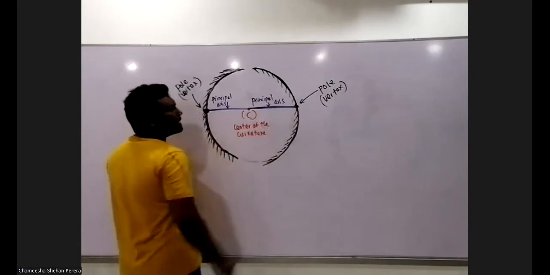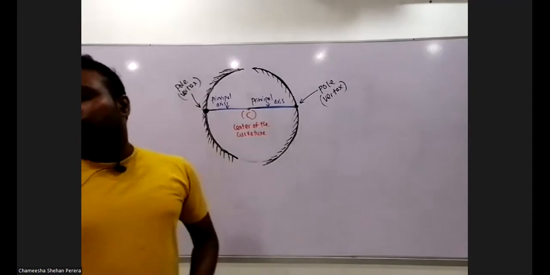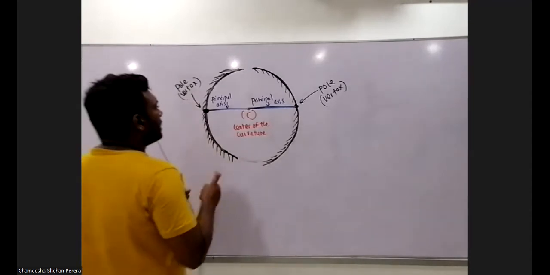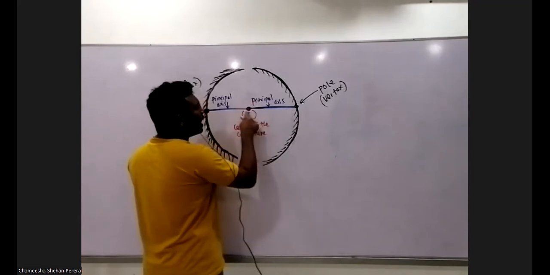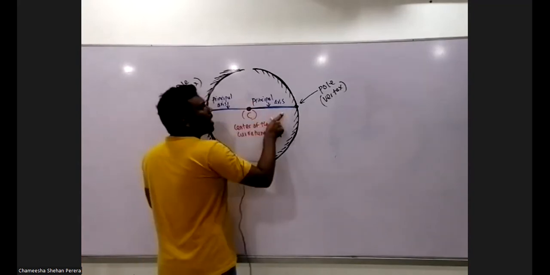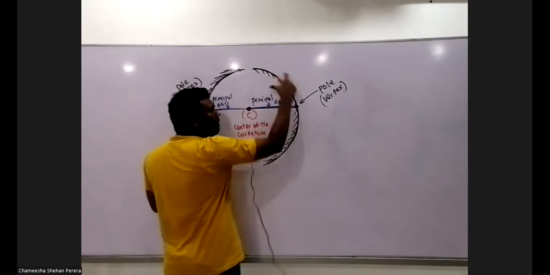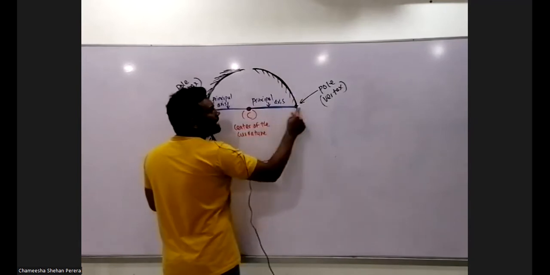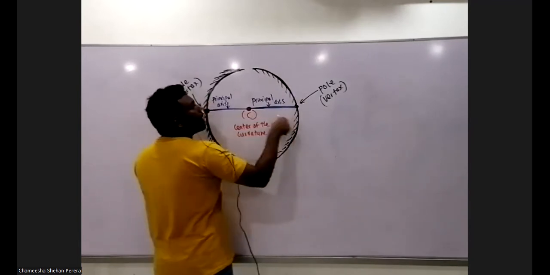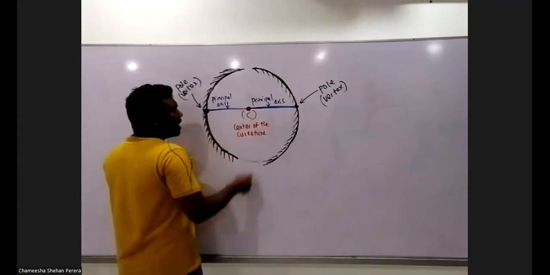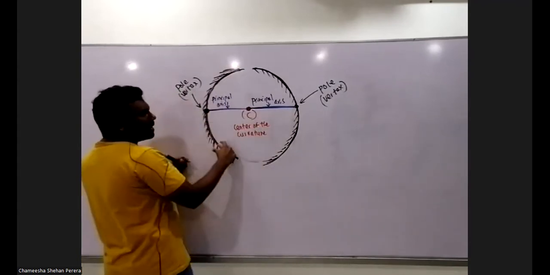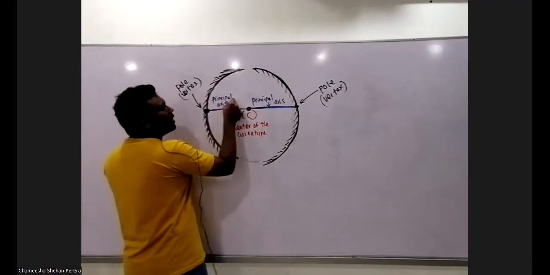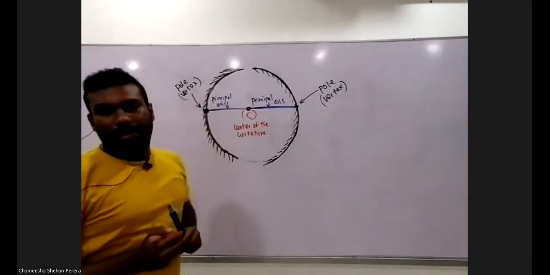So from the center of curvature, I drew a line up to the pole of the convex mirror. That line is called the principal axis. I could do the same to the other mirror as well. From the center of curvature up to the pole of the concave mirror, I drew a line that's called the principal axis. Are you guys okay with that?